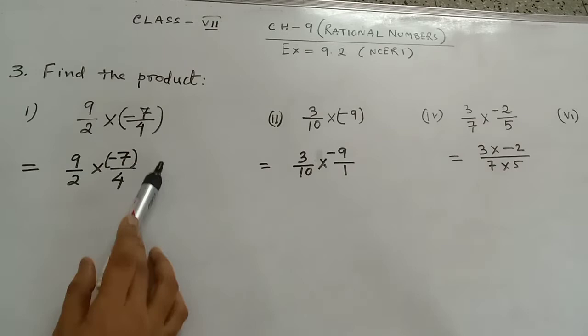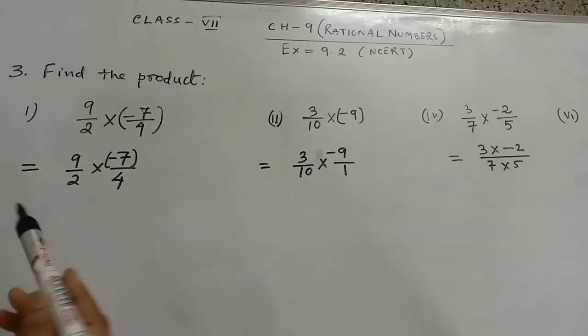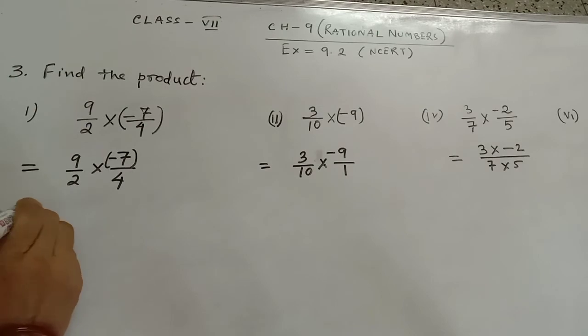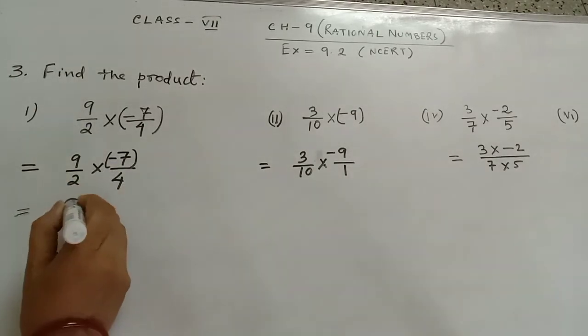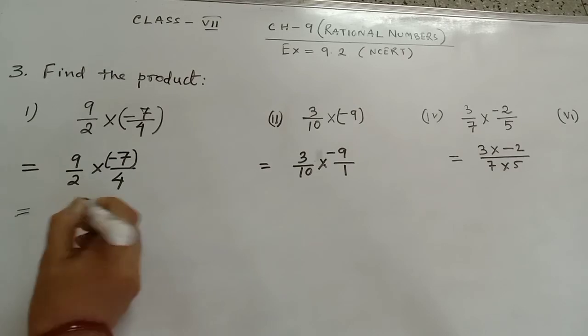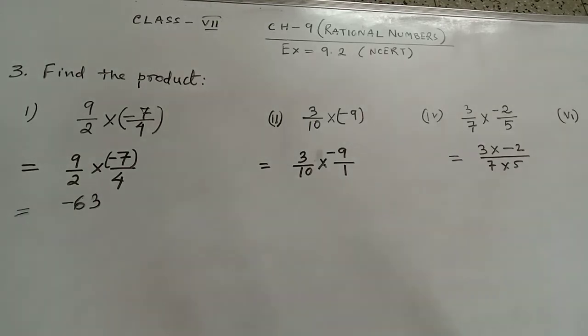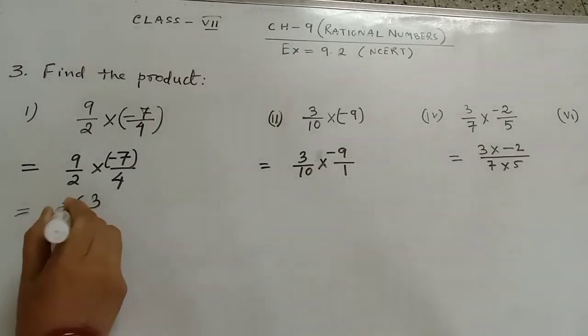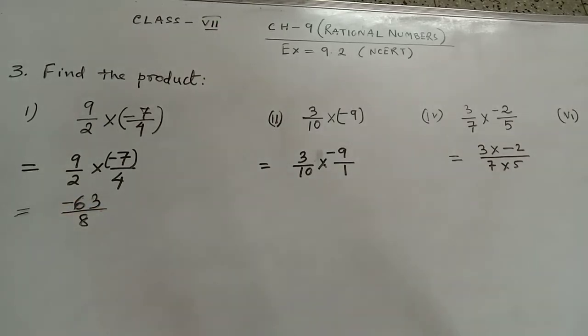So we have to multiply only. 9 7s are 63, so it is minus 63, and 4 2s are 8. This is the answer of this sum.